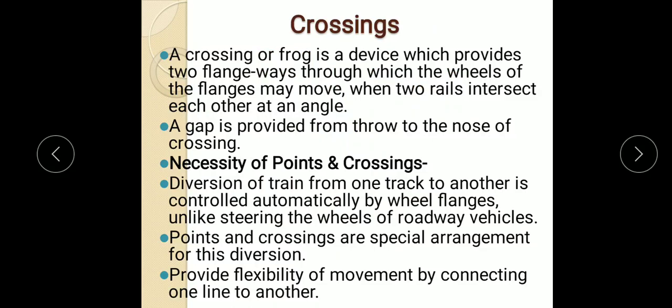The necessity of these points and crossings is that diversion of a train from one track to another is controlled automatically by wheel flanges, unlike steering the wheels of roadway vehicles. Points and crossings are a special arrangement for this diversion, and they provide flexibility of movement by connecting one line to another.